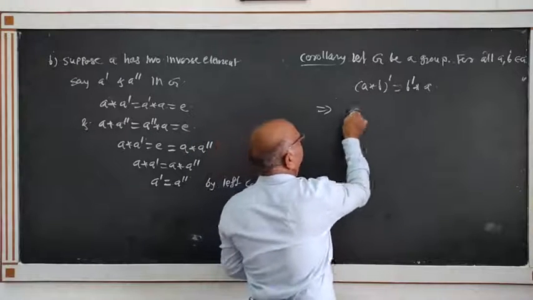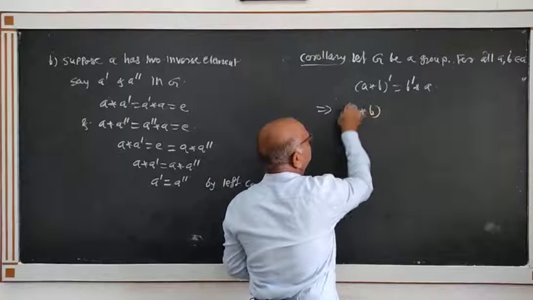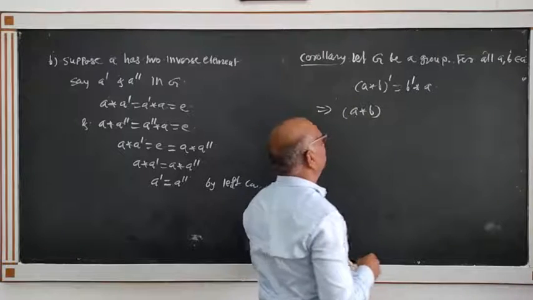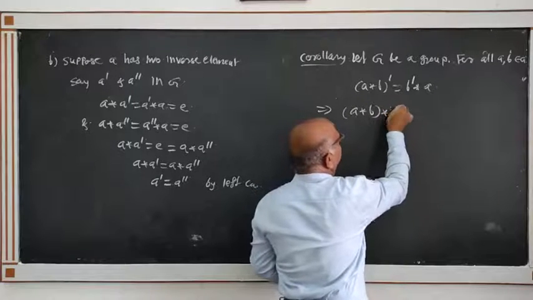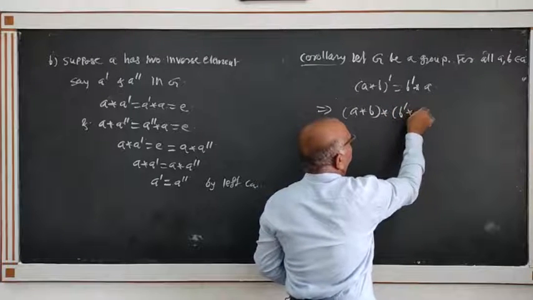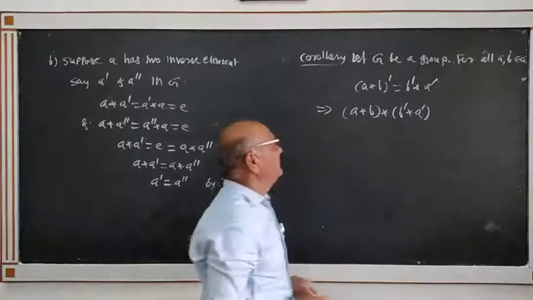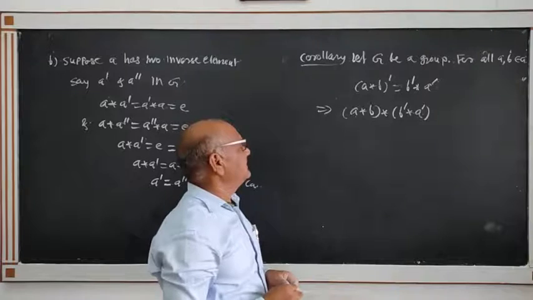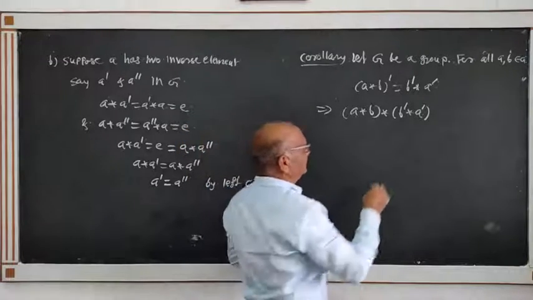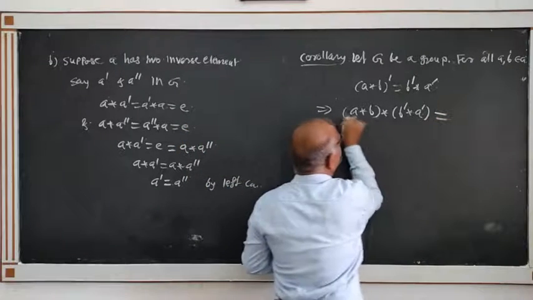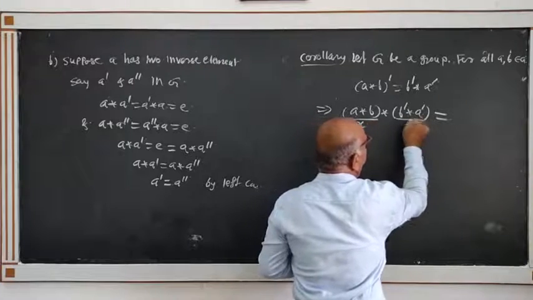If we take (a * b) * (b inverse * a inverse), this is equal to, suppose this is x element, this is y element.